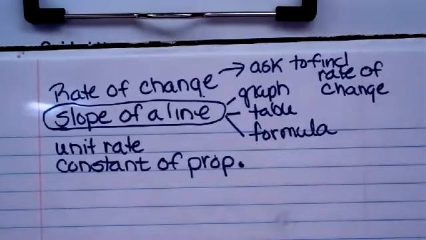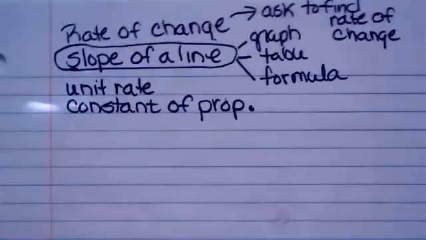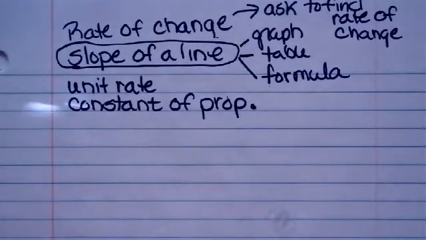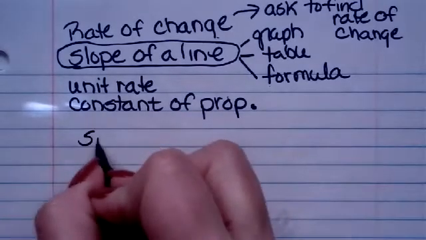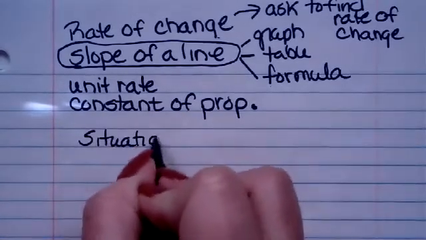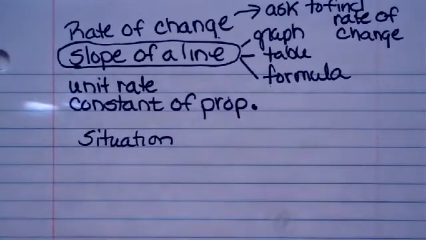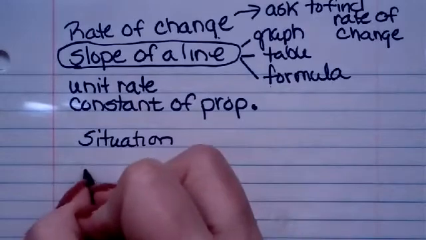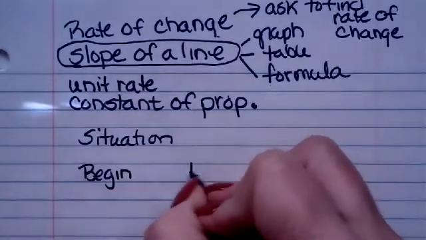Now, the other piece of information that's going to come in with the strategy for these problems is this. You're going to be given a situation, some kind of real life situation that has a beginning amount and an ending amount.